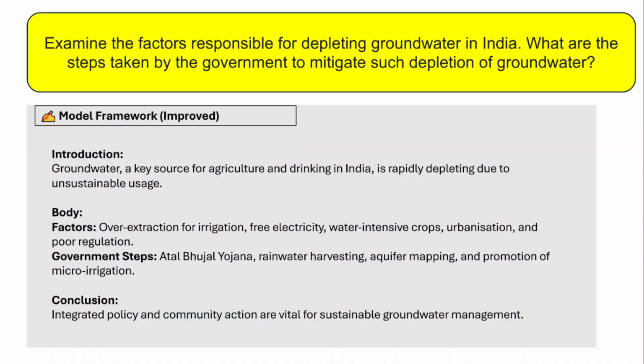One is factors which are responsible for depleting groundwater in India, as asked in the question. Once you have addressed this part, you need to mention the government steps taken to mitigate such depletion of groundwater. And then in the conclusion, you need to talk about the integrated policy and community action and how they will lead to sustainable groundwater management. This is how you need to address this answer.